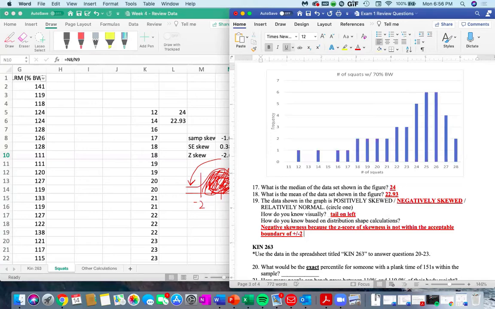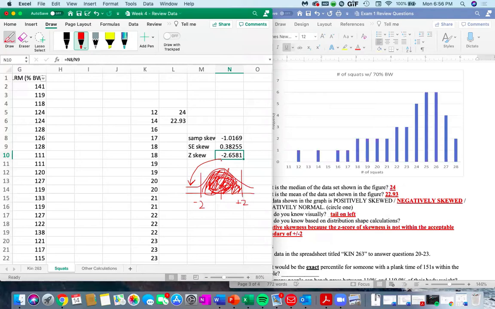Z-scores or standard deviations, either one works. If this was positive 2.65, then we would say it's positively skewed. So just changing the sign, a positive z-score above 2 would indicate positive skewness. A negative z-score below -2 is going to be negative skewness.